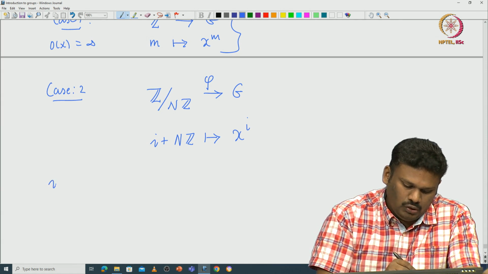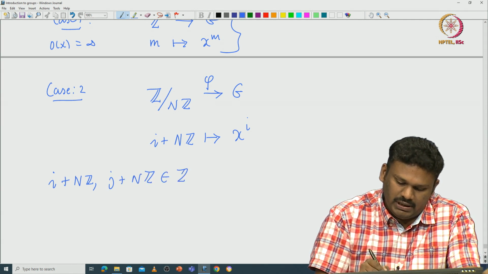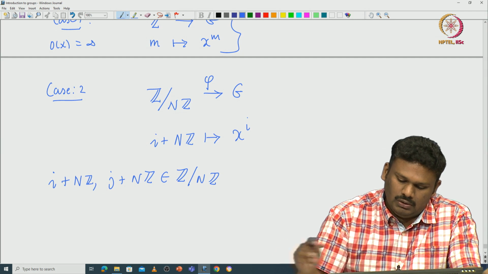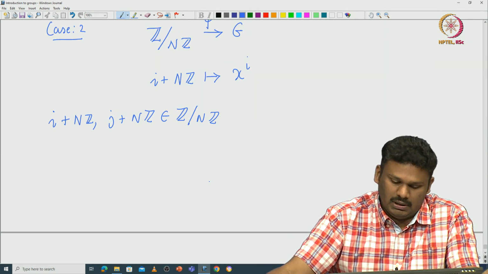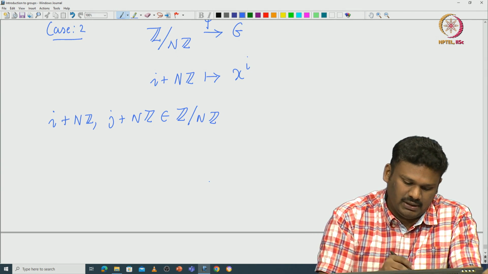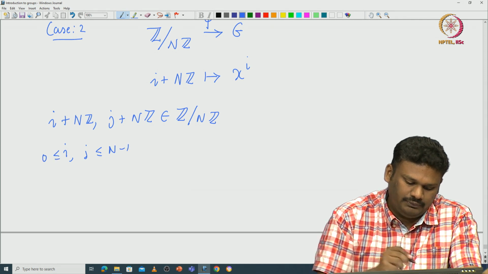Let us take two elements I plus nZ and J plus nZ from Z mod nZ. Since we can fix one complete residue class of representatives, we can assume that I and J are integers coming from 0 to n minus 1.